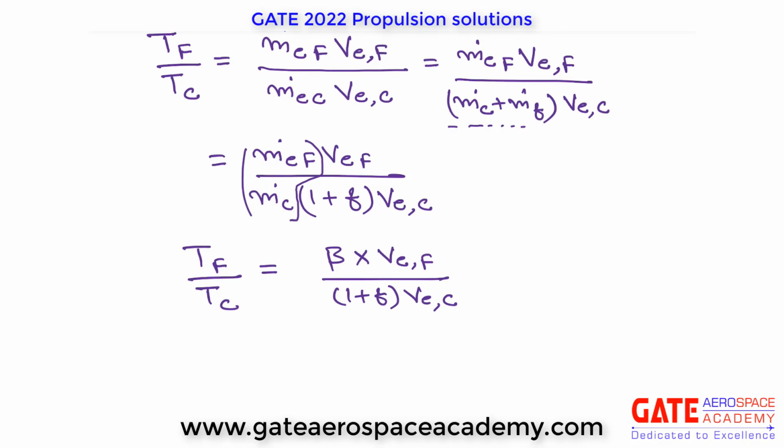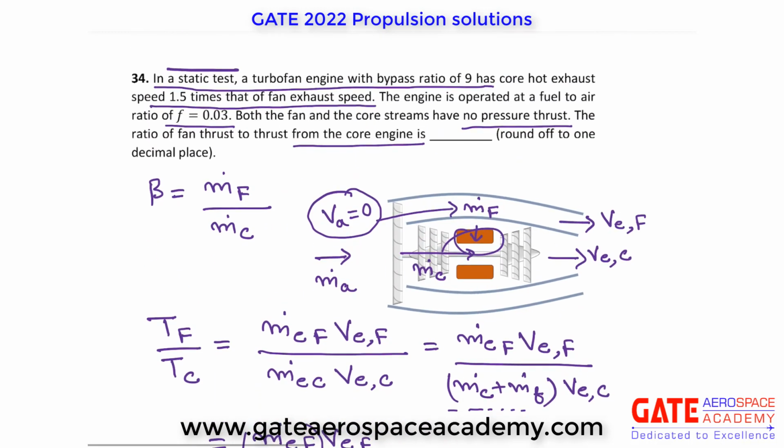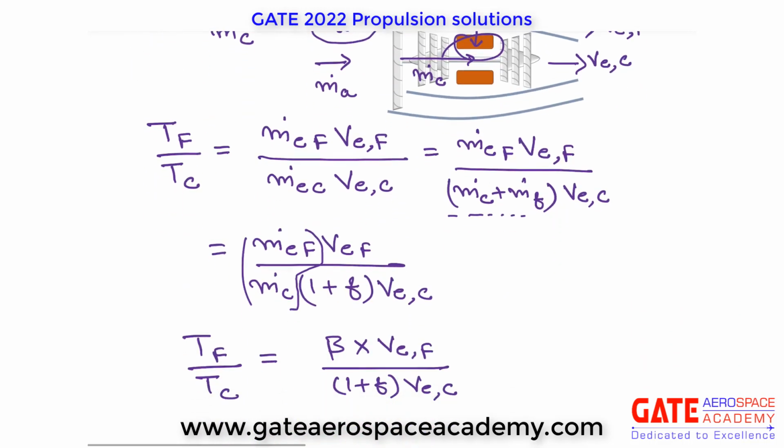This ratio V exit fan upon V exit core is given in the question itself. Here core exhaust speed is 1.5 times that of fan exhaust speed.